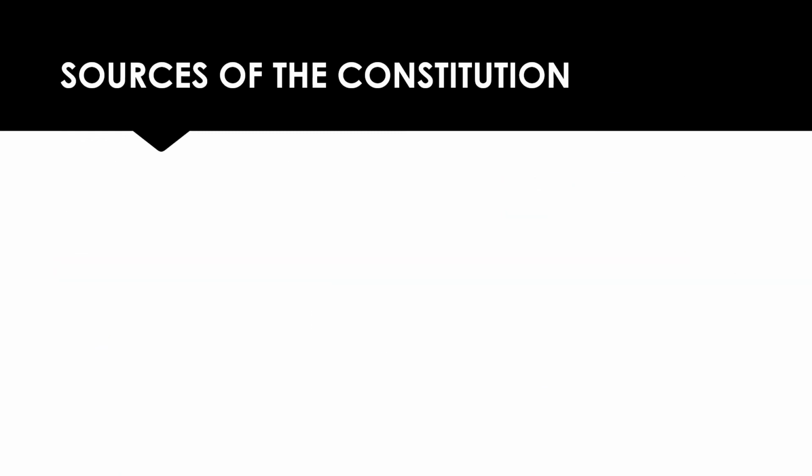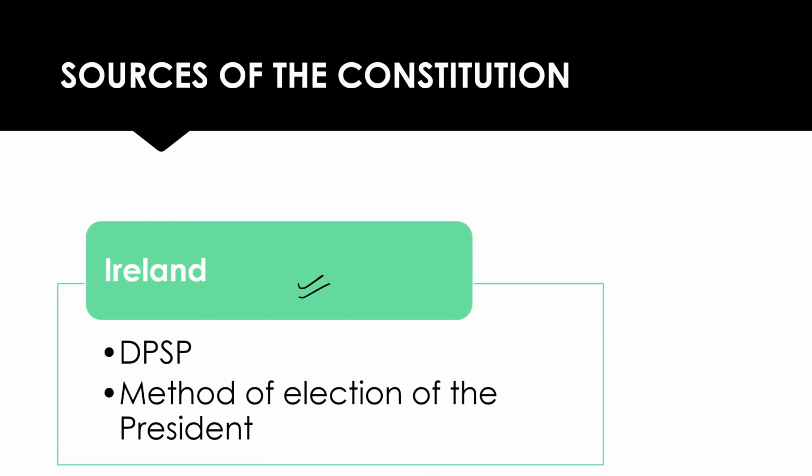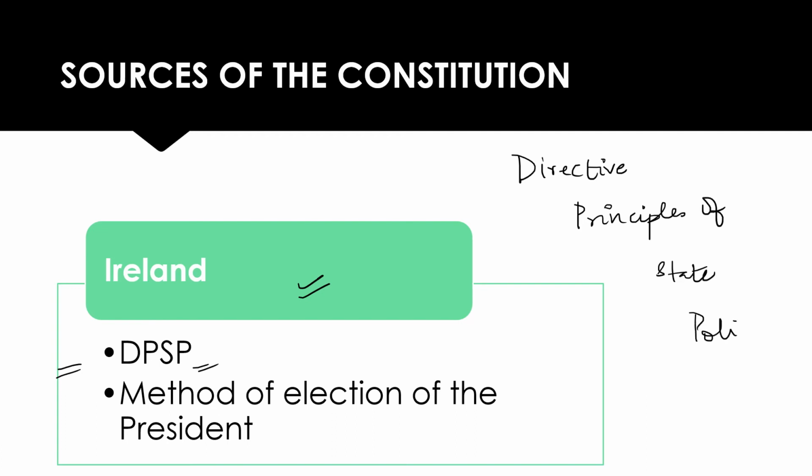Next, we look at the Irish Constitution or the Constitution of Ireland. One of the most important features received from Ireland is what is known as the DPSP, which expands as the Directive Principles of State Policy. This you find in part 4 of the Constitution of India. Okay.